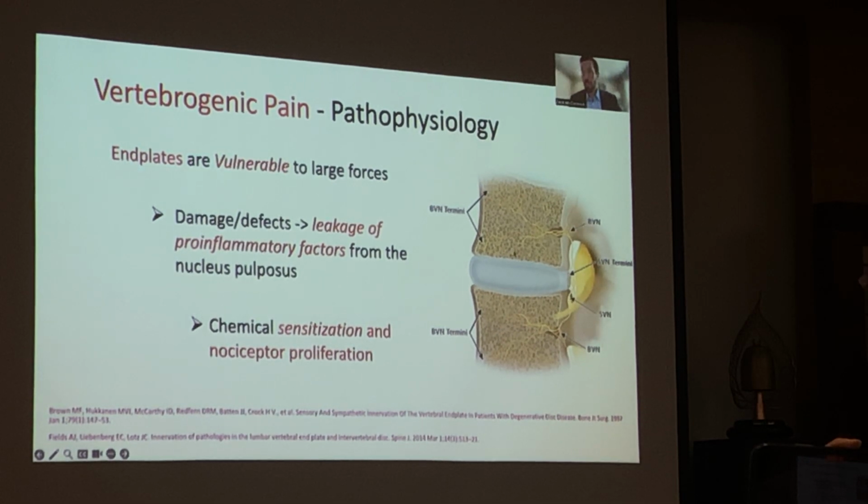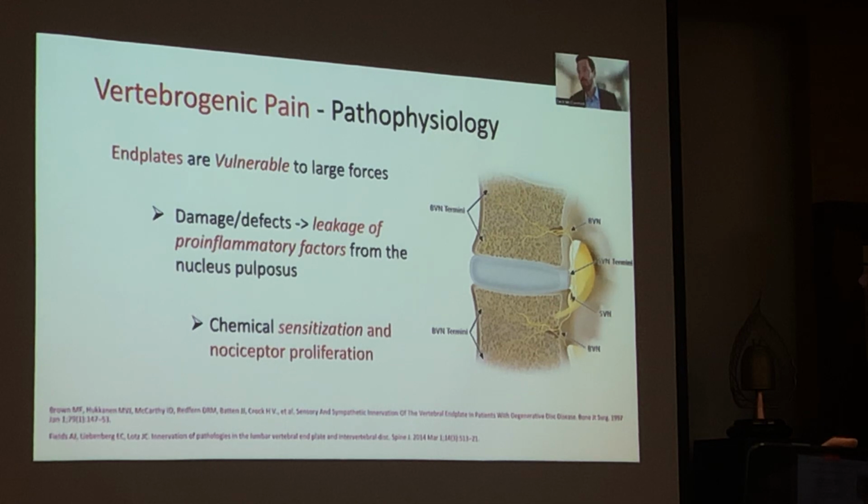And in some proportion of individuals, not everybody certainly, this leads to inflammation. So these factors in the nucleus are very pro-inflammatory in certain environments. For example, when there's a herniation in the epidural space, there's significant chemical inflammation around the nerve root, and that certainly can cause radiculopathy or radicular pain, which all are familiar with.